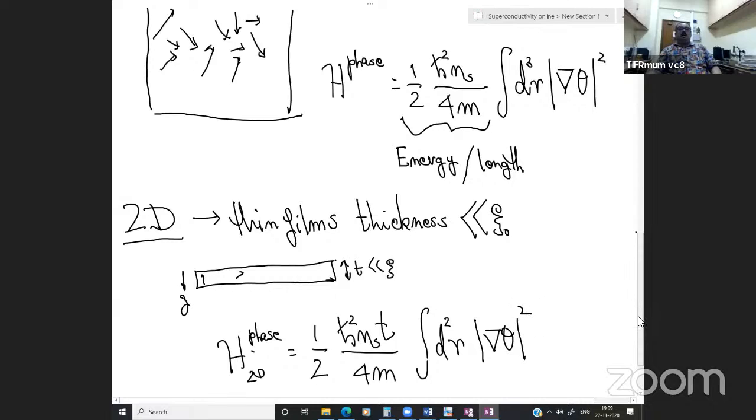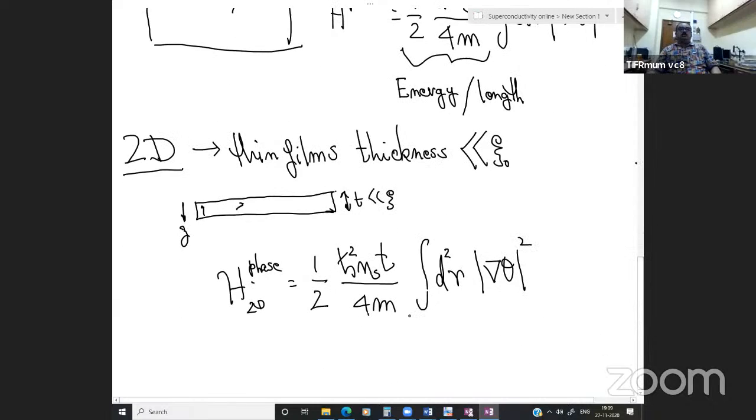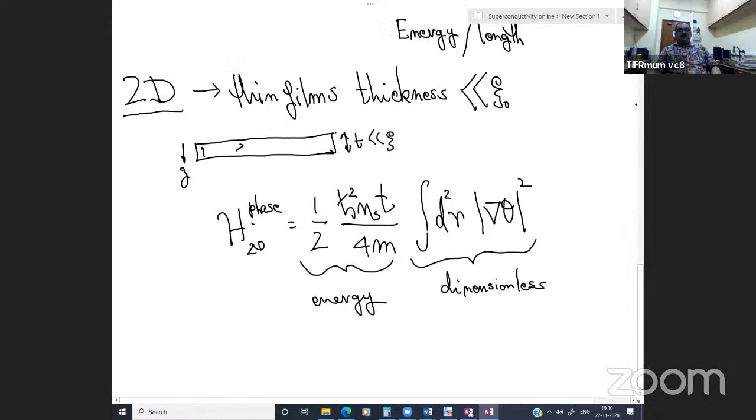So now I am very good, because this stuff is dimensionless, and this is energy. So I have gotten the characteristic energy scale.